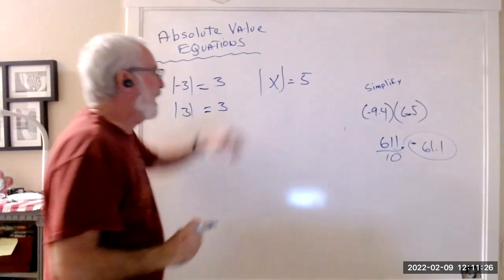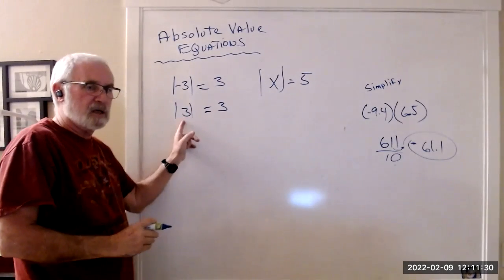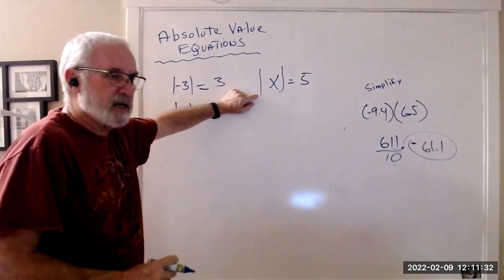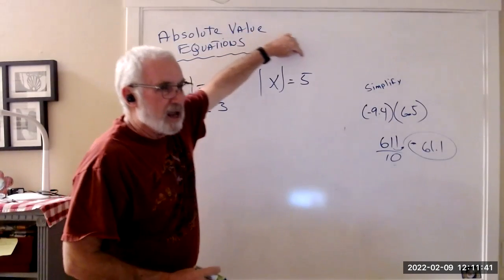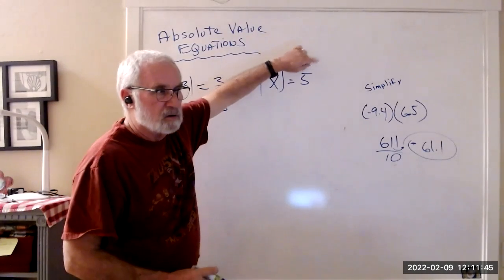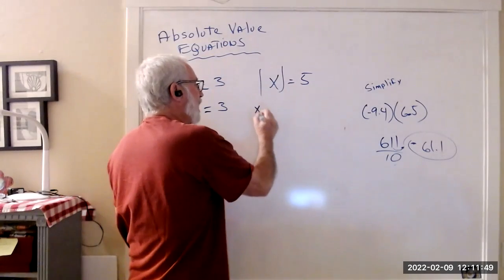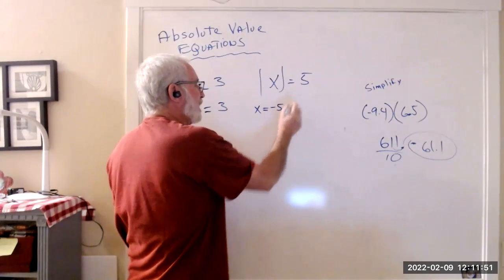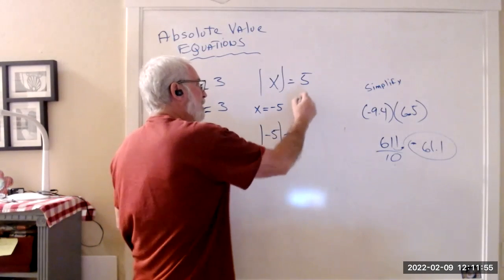So what if I had an algebra equation, not arithmetic? This is arithmetic, but this is algebra because it's got that x in there. This is saying, what could x be so that the answer is 5? x could be -5, because we know the absolute value of -5 is 5.